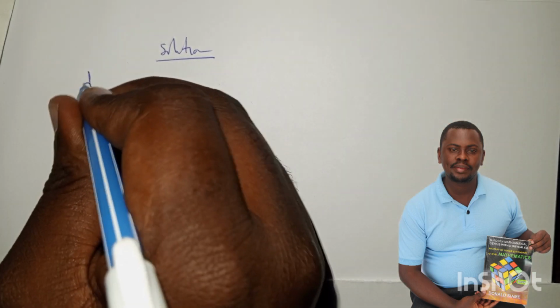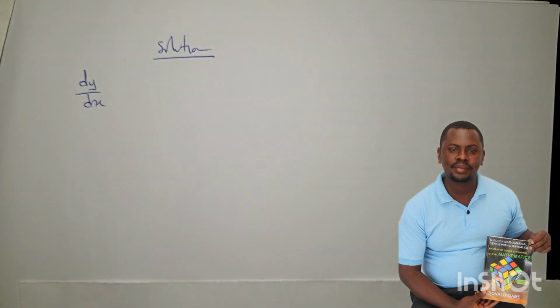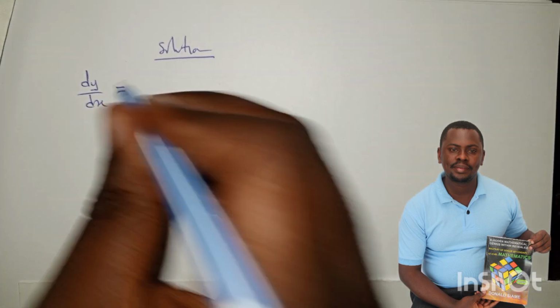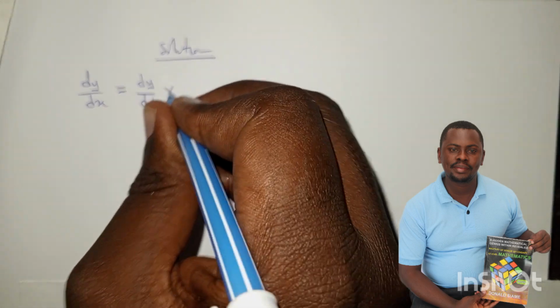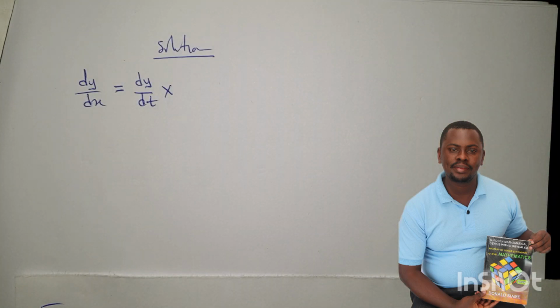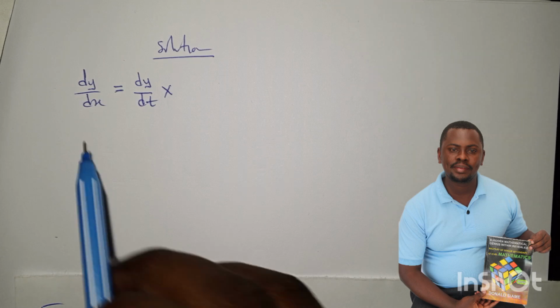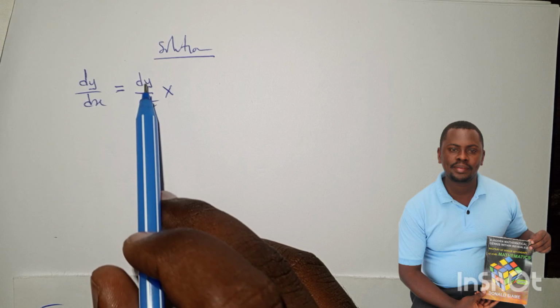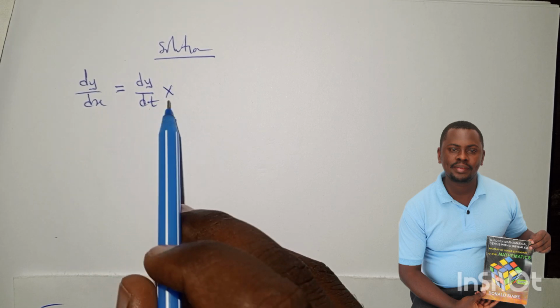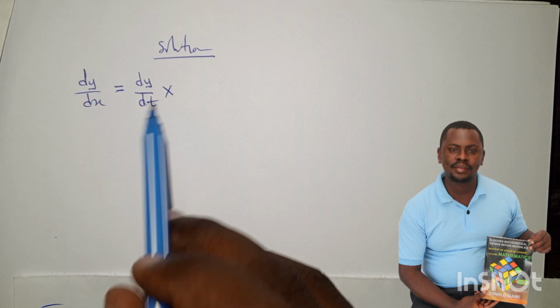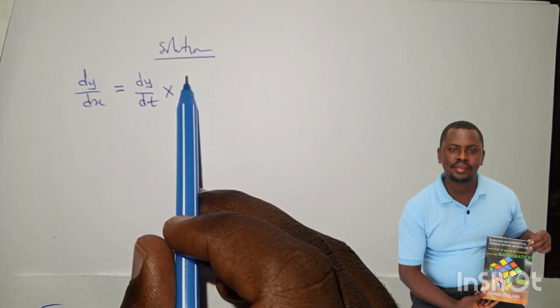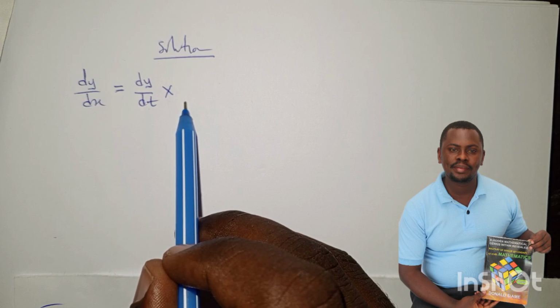So we want to find dy/dx. According to the functions we have, we can have dy/dt times, now here we can think of these as fractions. So dy/dx is equal to dy/dt times dt/dx, because the only way we can have dy/dx is when we have dt over dx.